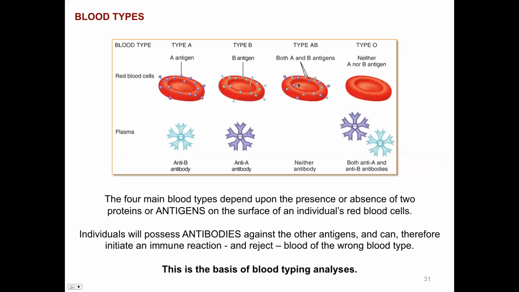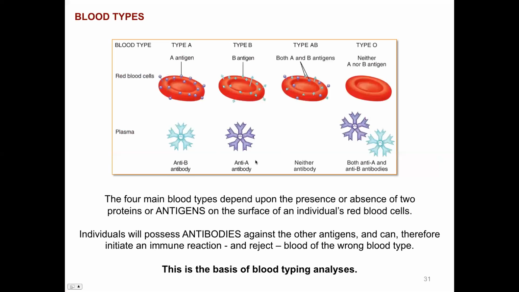All right. Now, so that gives you this picture. If you are type A, all right, in your body you are producing an antibody to the B protein because that is foreign to you. You don't have the B protein. And if you were given blood that has the B protein on it, your antibodies are going to reject it. You're going to reject that blood, and that's because you have antibodies to B, all right?